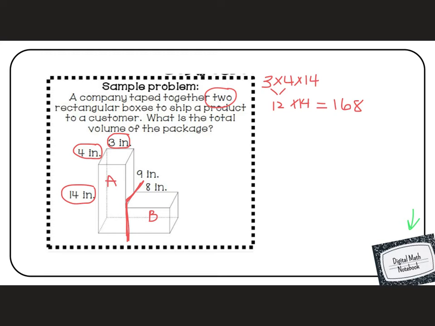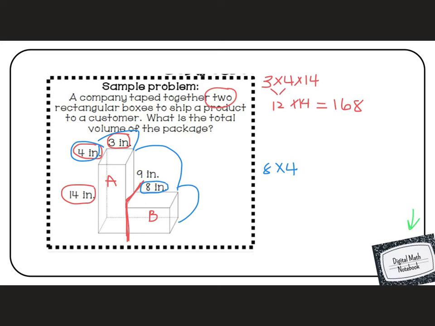Now let's see. We have a length of 8. The only place I see a width is this 4, describing all of these widths. So our width is 4, and now we need to find a height. Remember, this is where we had a little bit of trouble on the last one, and we needed to subtract.